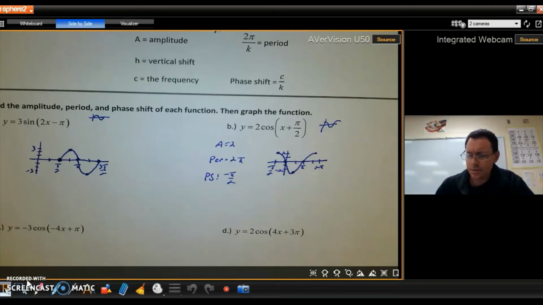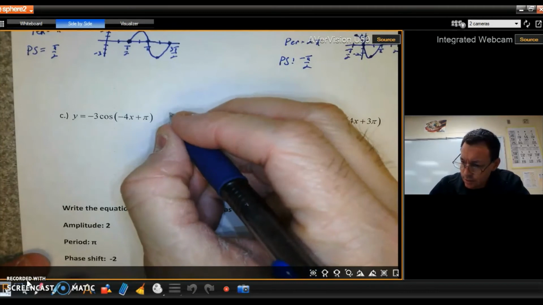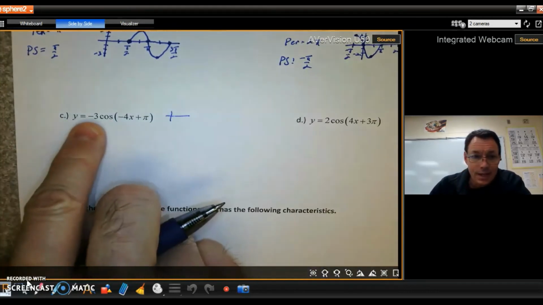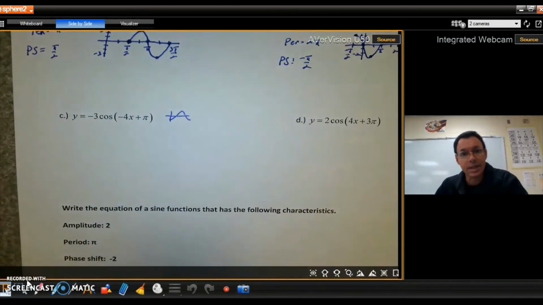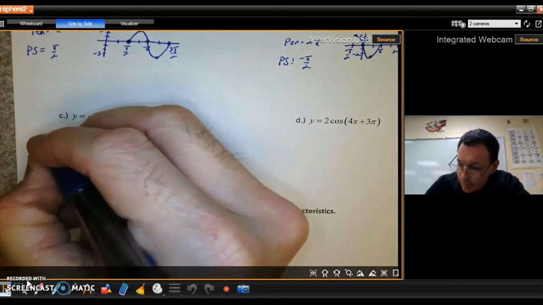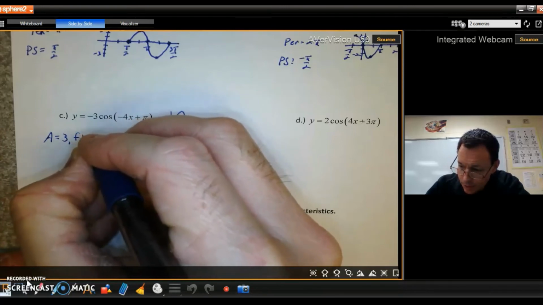Okay? All right. Let's take a look at the next one. So, cosine, that negative is jumping out at me. So this is a cosine, but it's going to look like that. I like to think about these before I start graphing them. This has an amplitude of 3, but it's flipped.